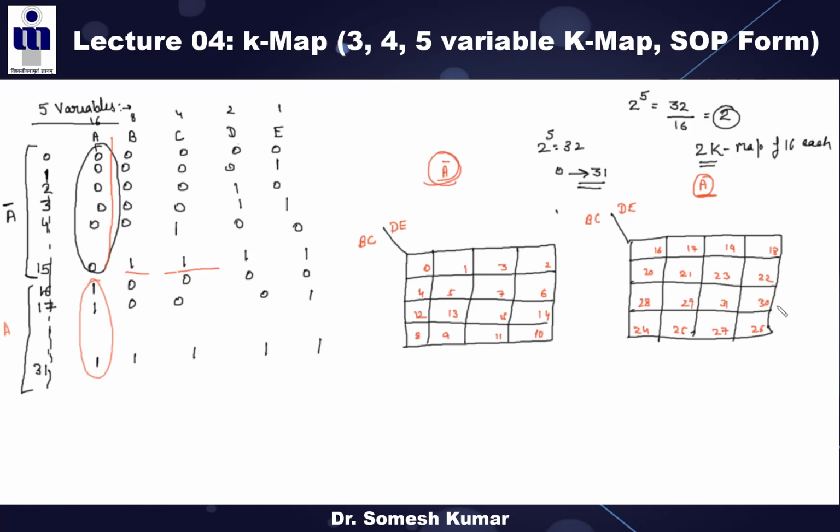This is the numbering. Now I am giving you one function. This is your function f(A, B, C, D, E), a 5 variable function, which is equal to sum of 0, 1, 6, 10, 11, 13, 14.